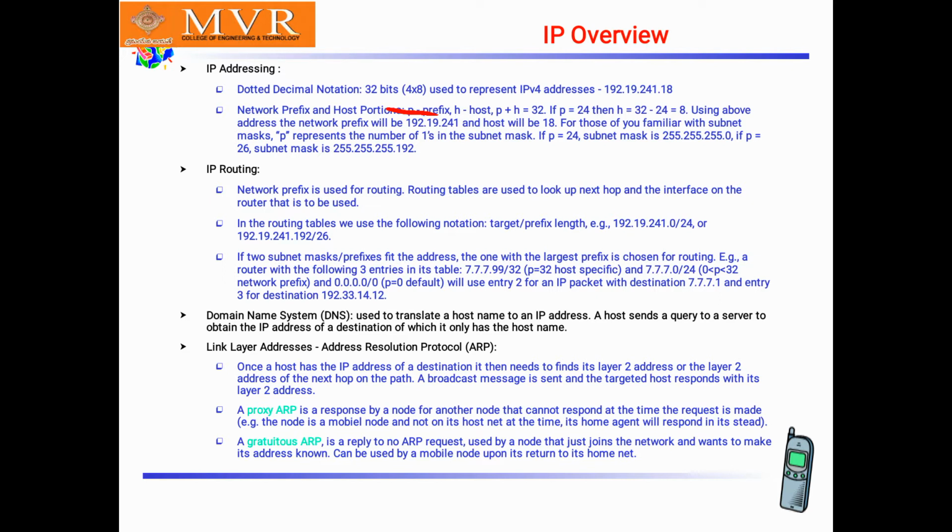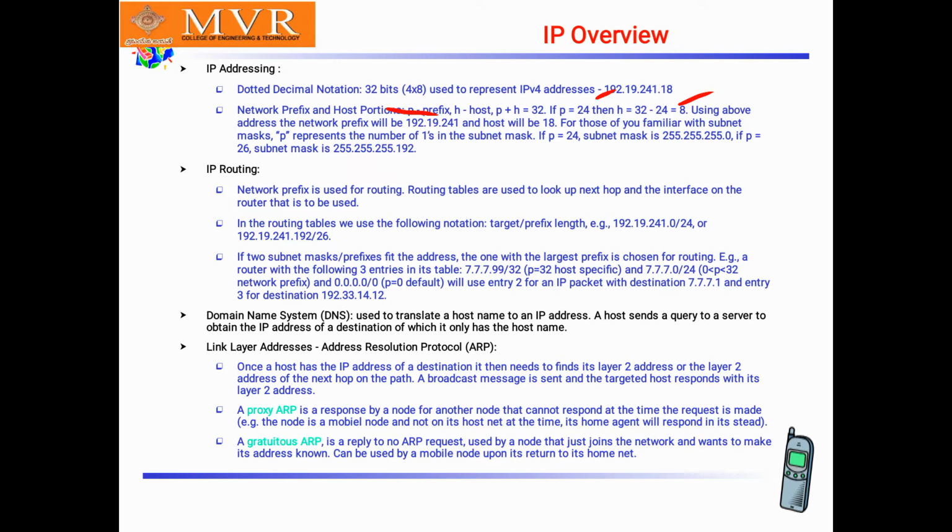For example, 192.19.241.18. The network prefix and host portions: if p is the prefix and h is the host, then p plus h equals 32. If we find p equal to 24, then h equals 32 minus p. What is the p value? 24. So 32 minus p equals 8.